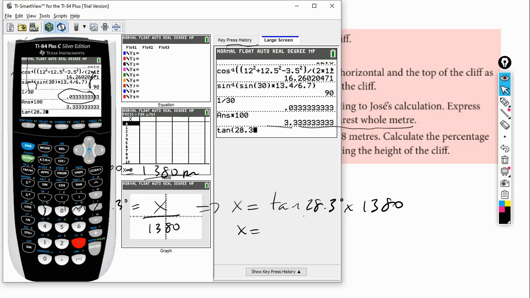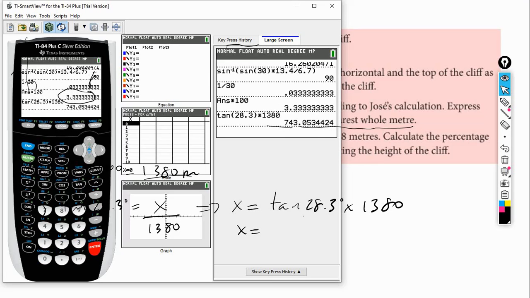Make sure you close the parentheses after this. Times 1,380. And we enter. And that's going to be 743 meters.